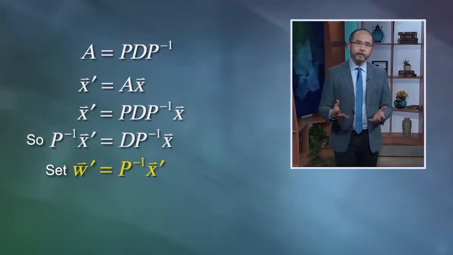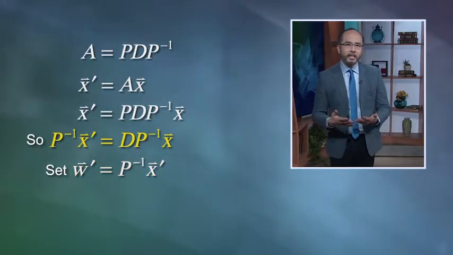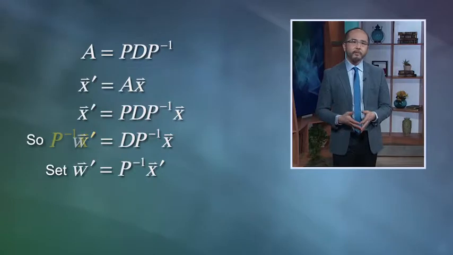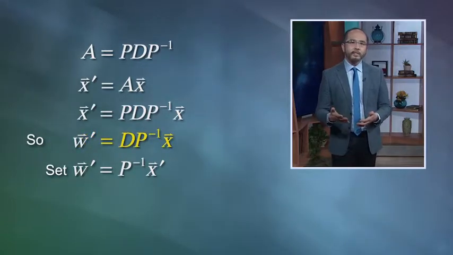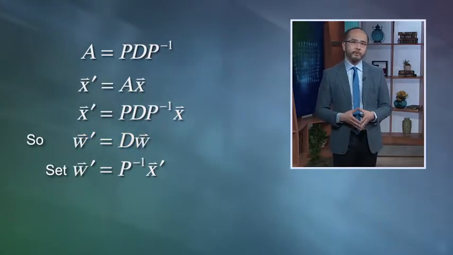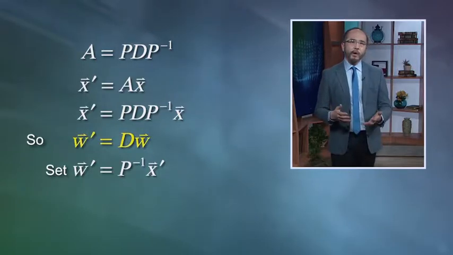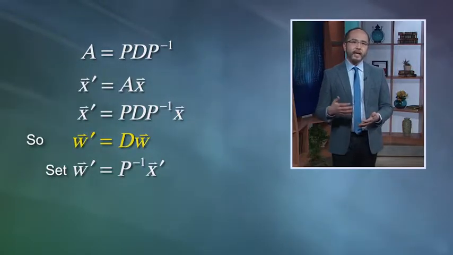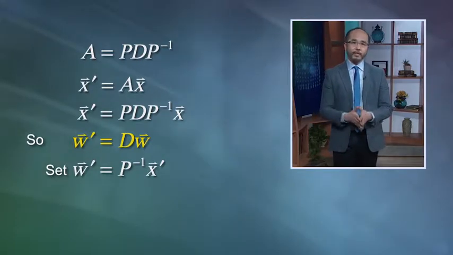But this change of variable now turns the DE into one where the left side becomes w prime and the right side becomes D times w. So w prime equals a diagonal matrix D times w. We know how to solve this.